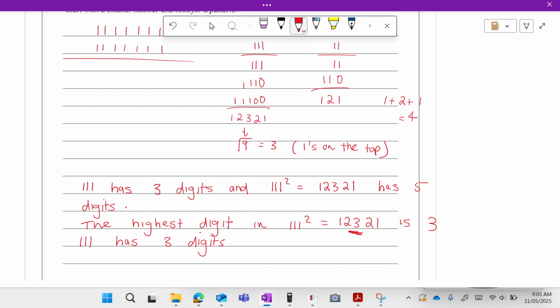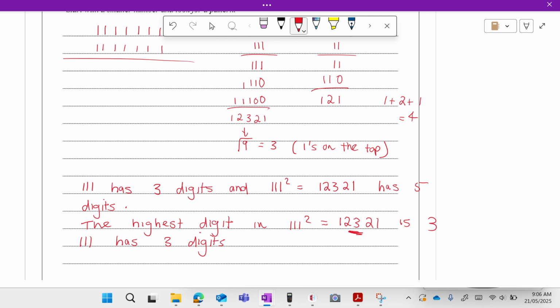And then in 111 squared, which was 12321, we noticed that the biggest digit, 3, was also the number of digits in 111. The other thing we've noticed is that there's a pattern. It goes 1, 2, 3, then stops, and then goes 3, 2, 1.